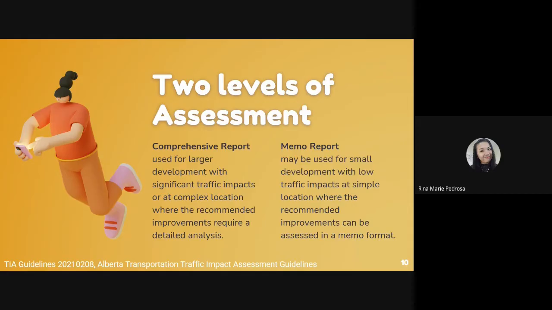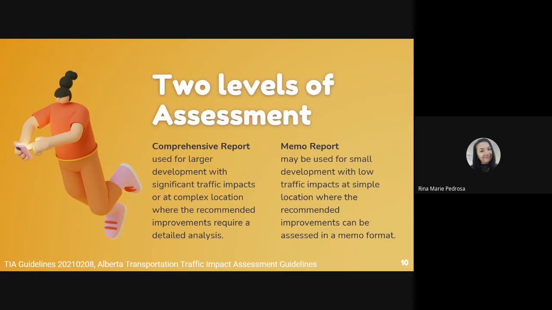While this includes but is not limited to area structure plans, neighborhood structure plans, change of zoning, a resulting increase of traffic, increase in density from previous TIA, special land use scenarios, etc. If the anticipated traffic impact is low, for example, ITE trip rate is used, standard intersection treatment, no oversized vehicle, no capacity issue, traffic signal not warranted, intersection sight distance is adequate, no other operational issue, then a memo report may be sufficient.